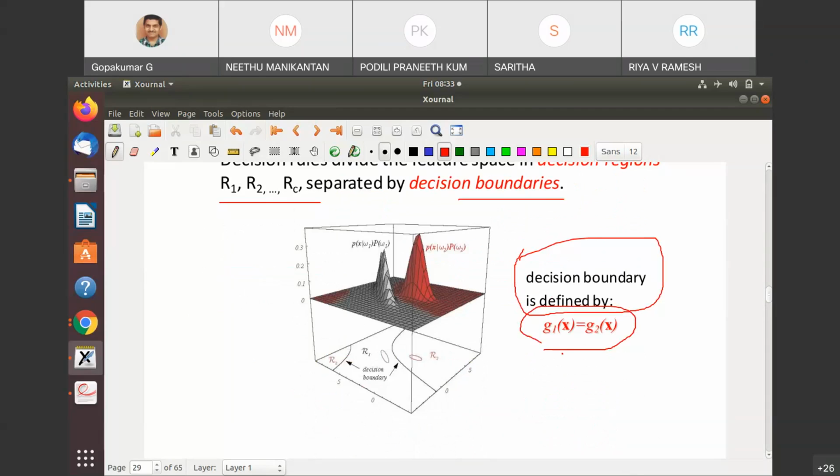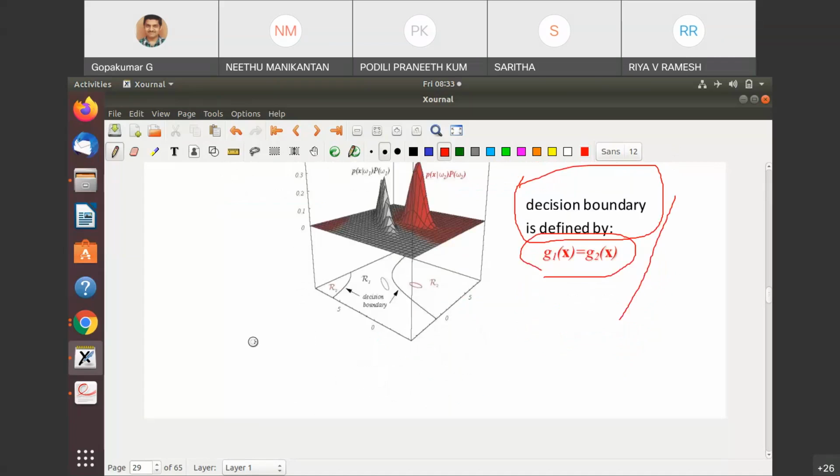Because on the boundary the decision can be undefined, since a point falling on the decision boundary can belong to either region 1 or region 2. So that is the property of a point on the decision boundary, and another point to keep in mind.